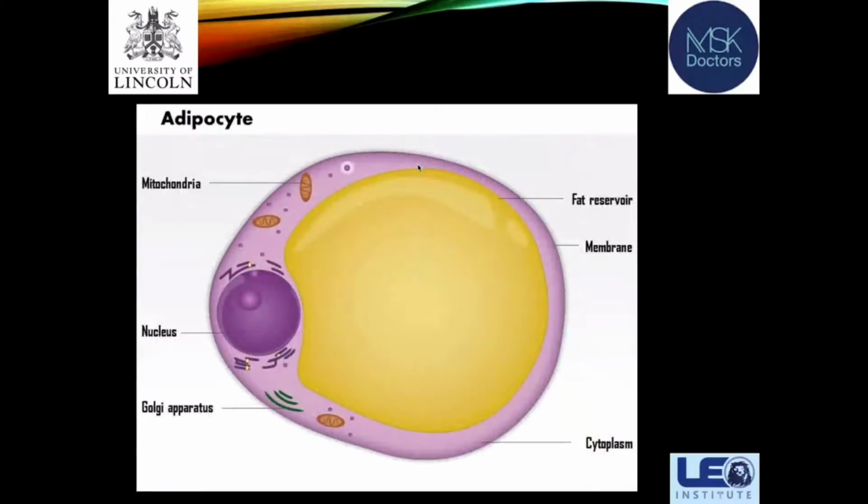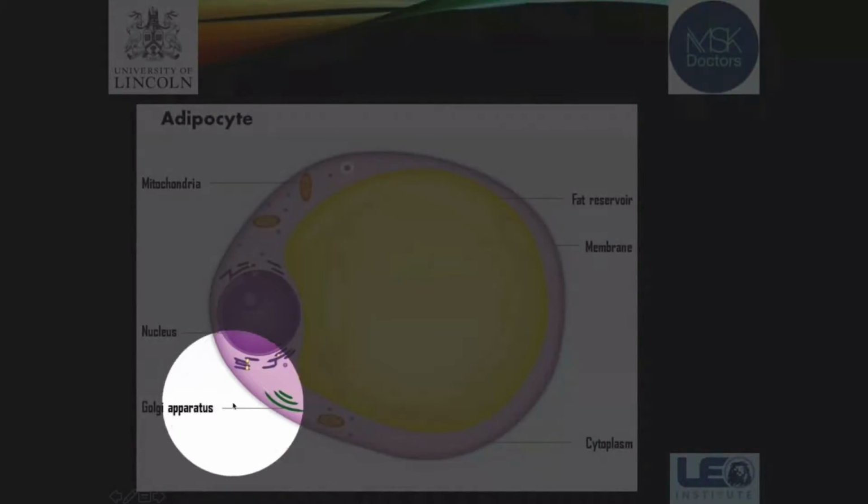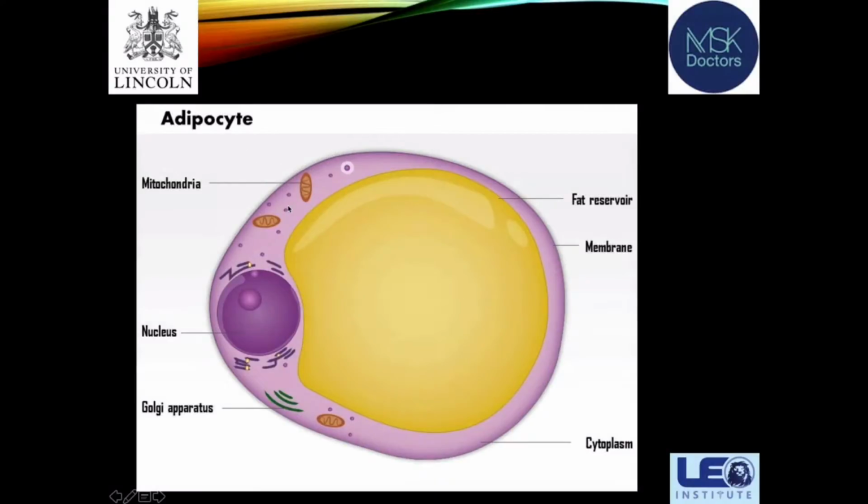Now, let's talk a little bit about the cell biology and anatomy of an adipocyte, which is a fat cell. You can see within the fat cell there is a nucleus, a Golgi apparatus, and mitochondria. So what do these components do? The nucleus you can think of as a control center. The Golgi apparatus you can think of as the workers, and the mitochondria as a power plant.